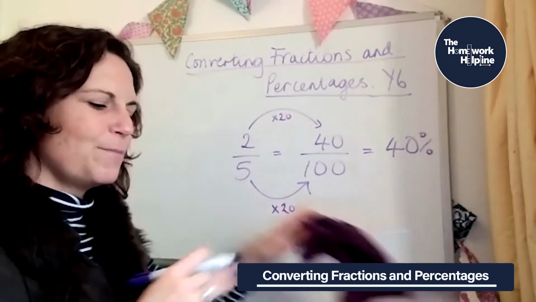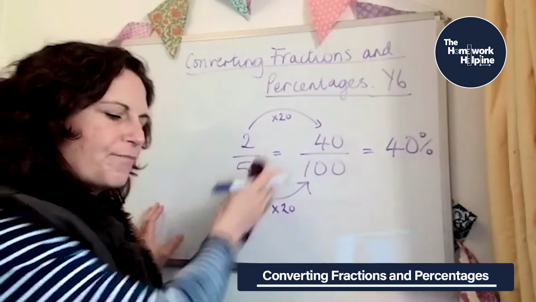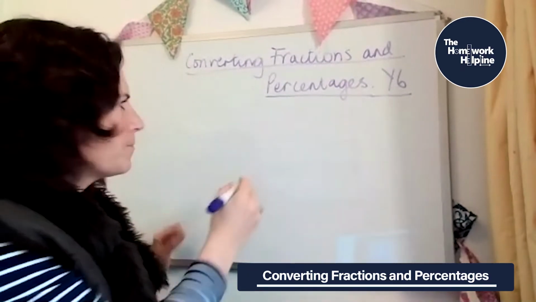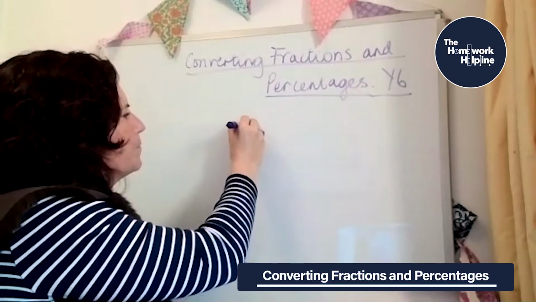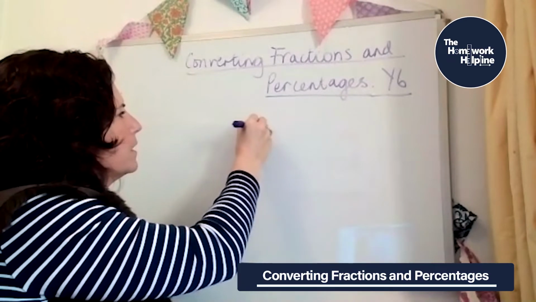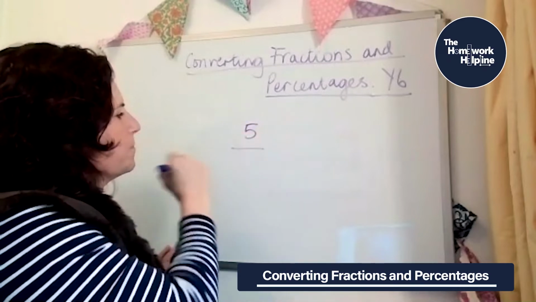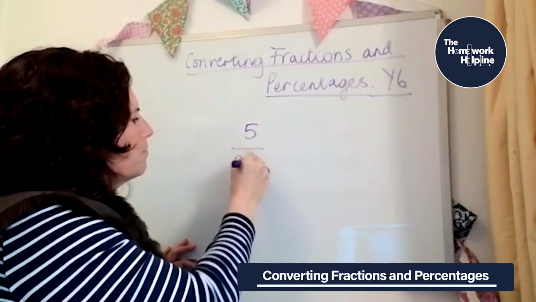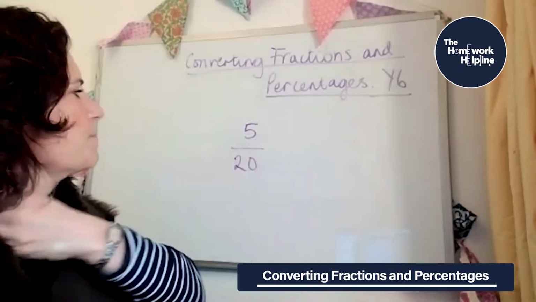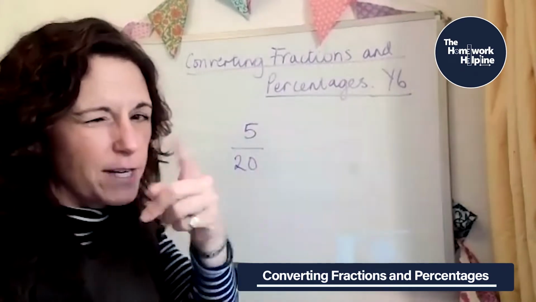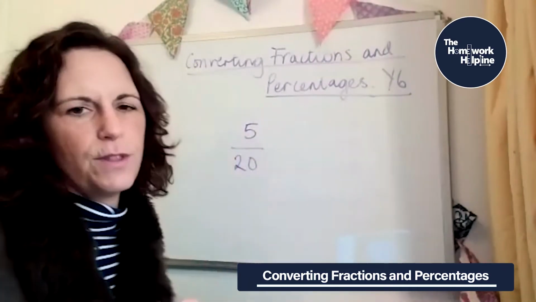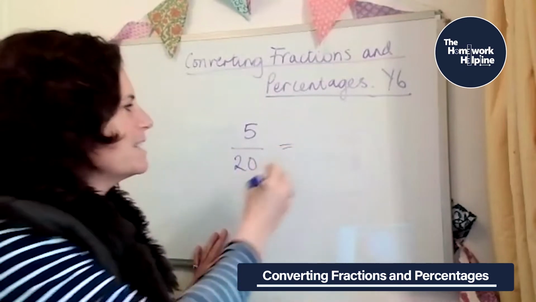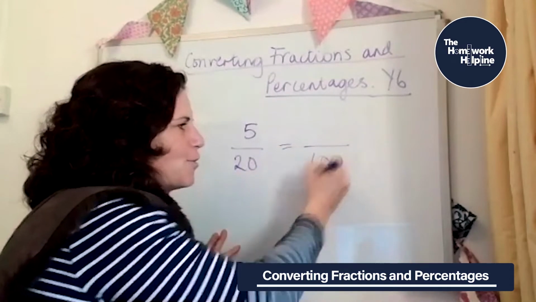Okay, let's do one more example of those. Let's do 5/20ths. The bright sparks among you might recognise that as one we're more familiar with. But to write 5/20ths as a percentage, I need it as a fraction out of 100.